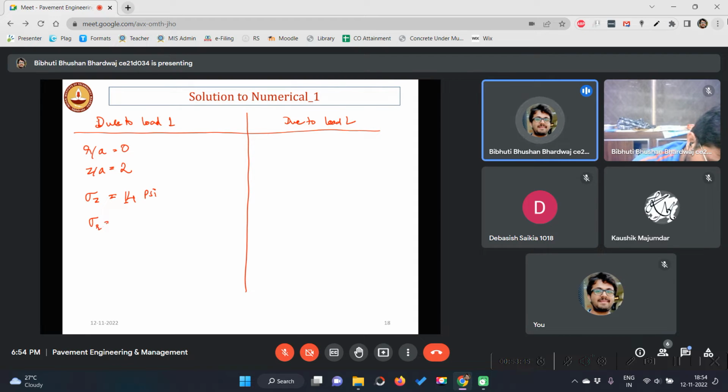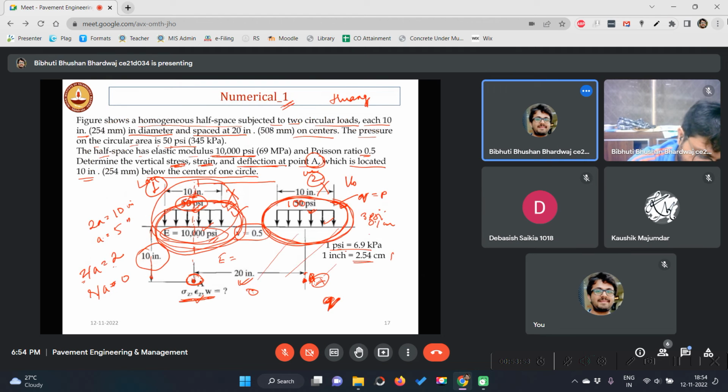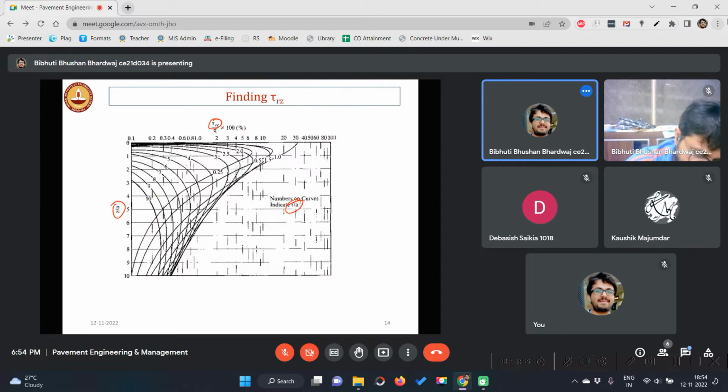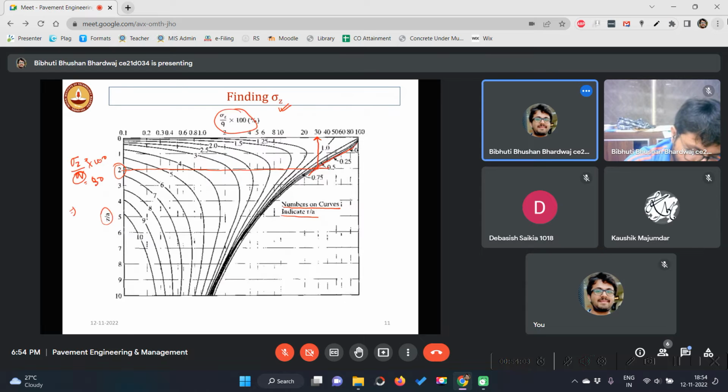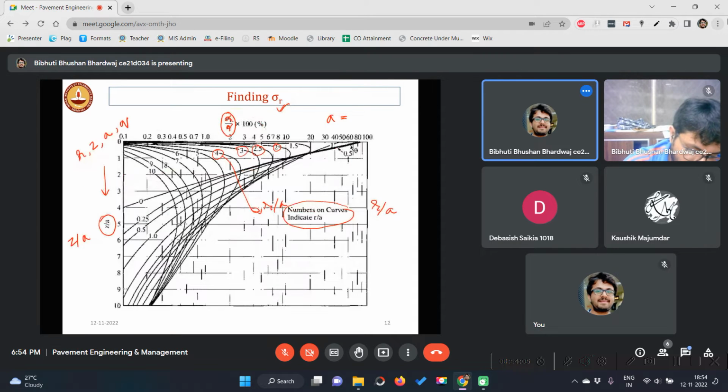What will be sigma R, sigma T, and tau Rz, W? What about these terms? Can you just tell quickly? What will be sigma R? See, R by A 0 and Z by A 2. So it will go and meet somewhere here.